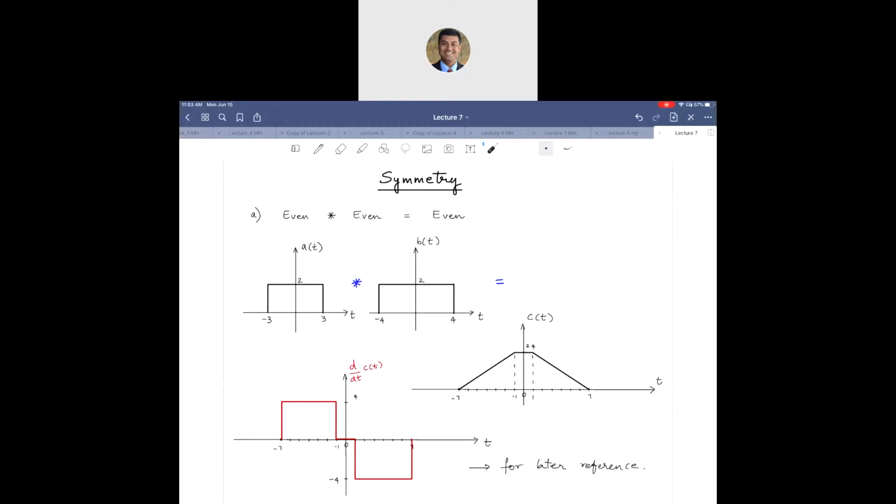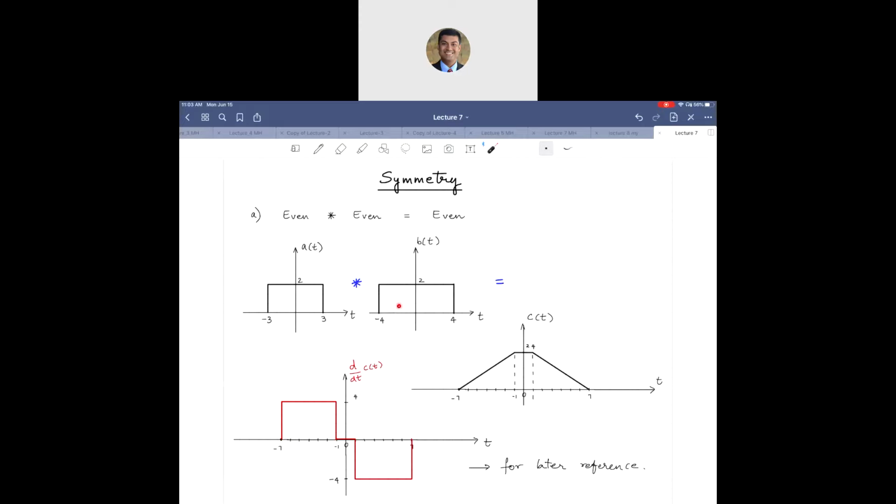So let us try to validate that a little bit by taking a of t, which is an even function here. It is symmetric about the vertical axis. And we are trying to convolve this with another rectangle here, b of t, also symmetric about the y-axis, so also even.